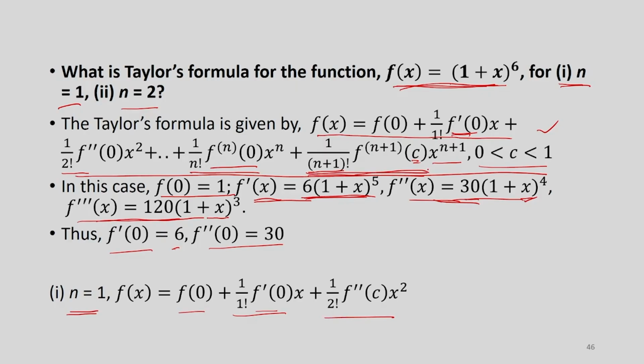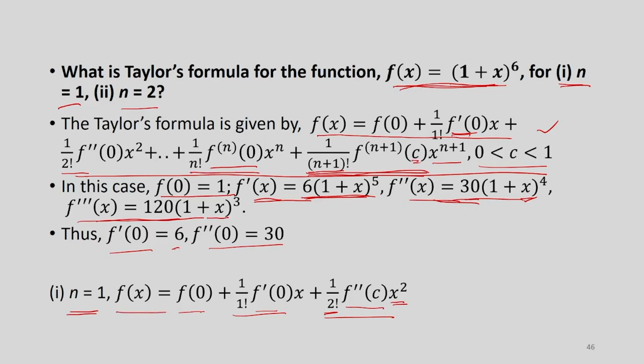What is n plus 1? N plus 1 here is 2. So in the denominator we have factorial 2 and x to the power 2, because that is n plus 1, 2, and f double dashed of c, because n is equal to 1.